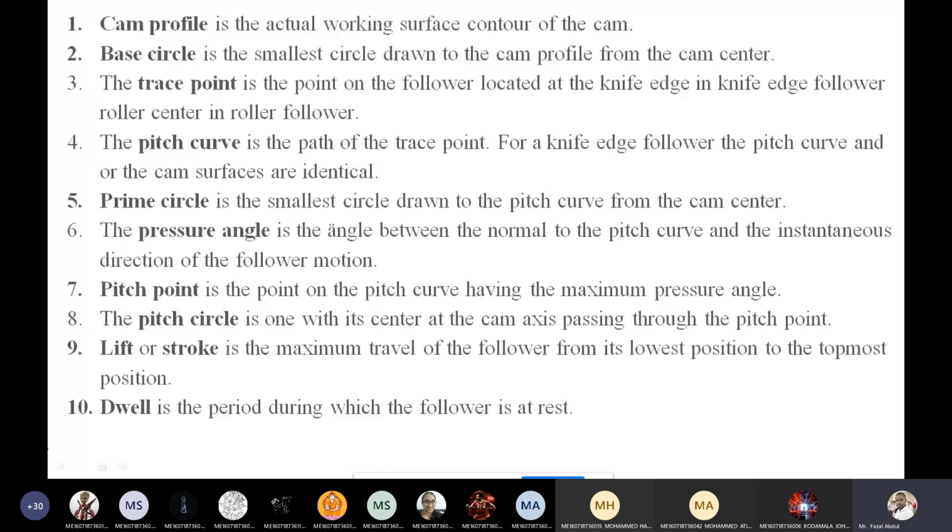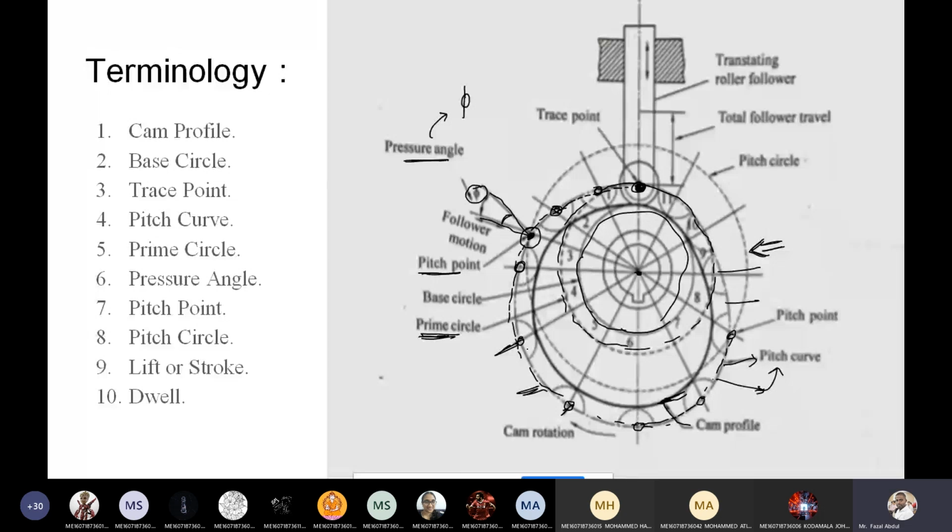The pitch circle is the one with its center at the cam axis passing through the pitch point. So where is the pitch circle here? Pitch point, base circle, pitch circle. See here, this is the pitch circle.